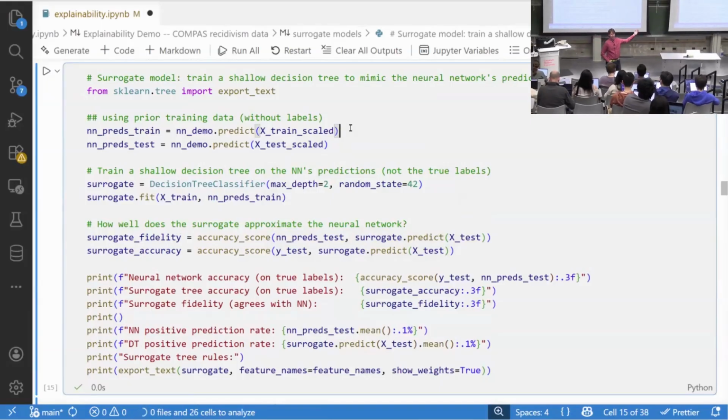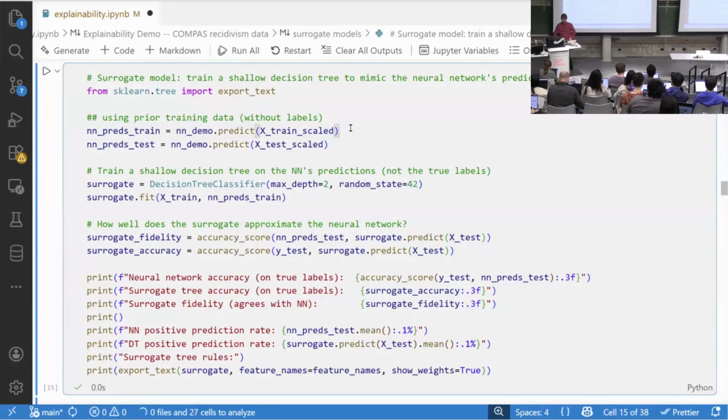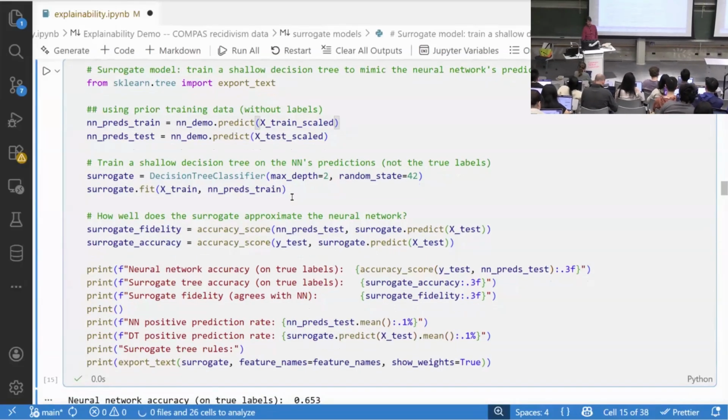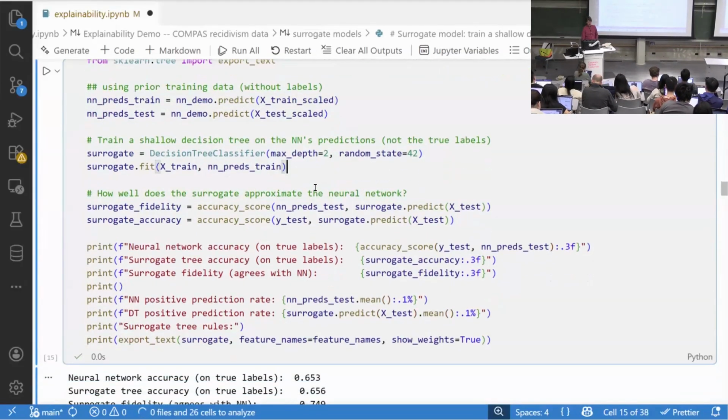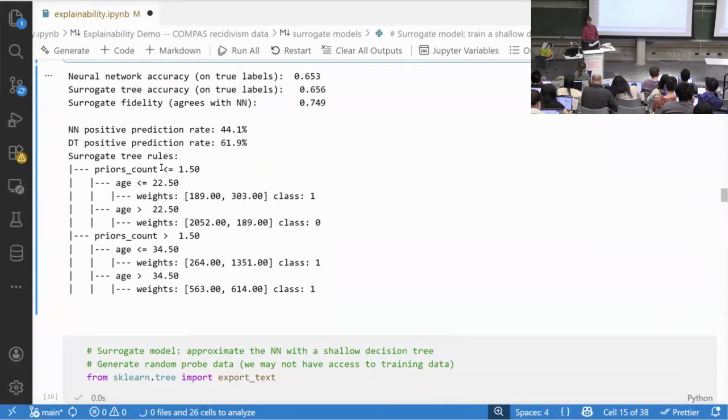The Y value here, the label, comes from the model, does not come from the original training data. Right? So if the model has learned something systematically different than the training data, I would get the model's prediction here, not the original data prediction. And then I can just learn a decision tree, for example, a really simple decision tree like this that represents kind of what the neural model has hopefully learned.